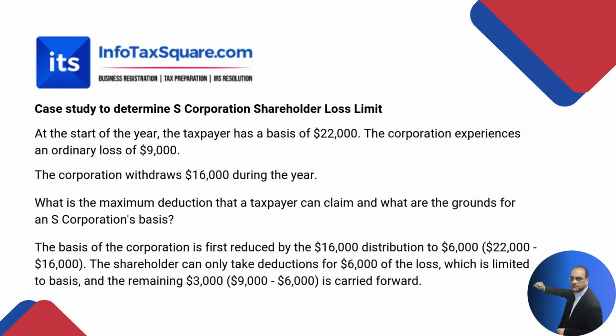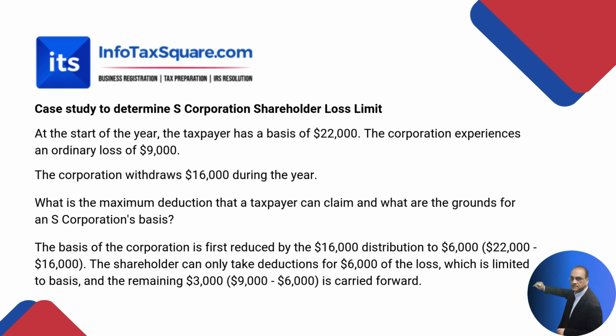At the start of the year, a taxpayer has a basis of $22,000. The corporation experiences an ordinary loss of $9,000 and the corporation withdrawals are $16,000 during the year. In this situation, first we will deduct $16,000 of withdrawals from the opening basis.